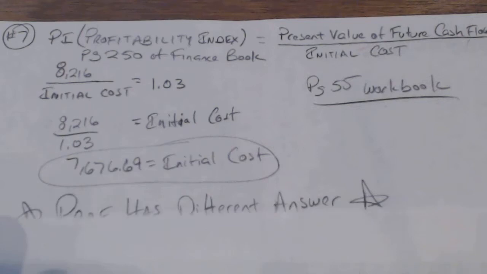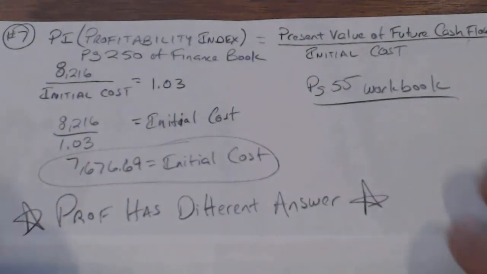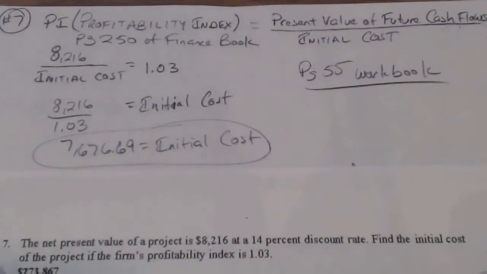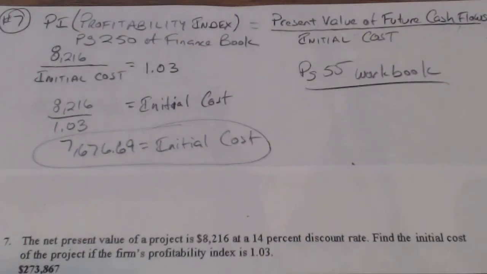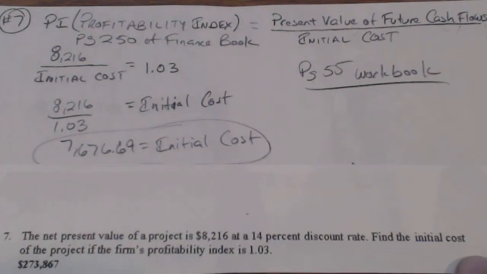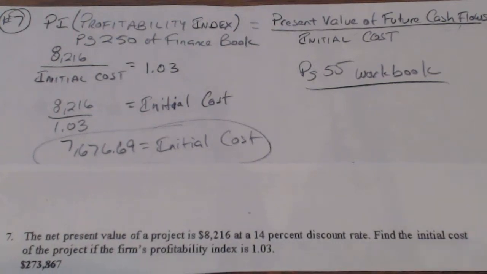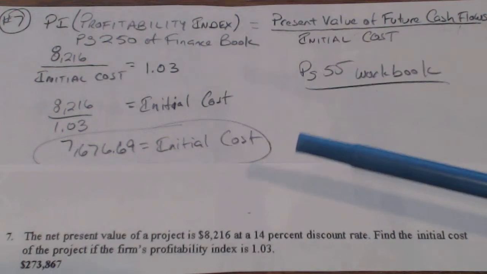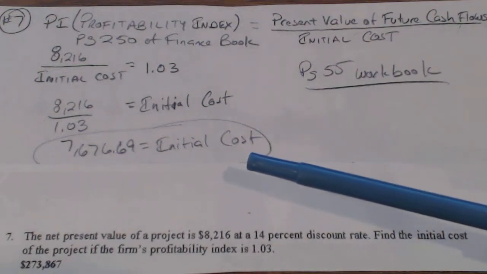The second place, you take his formula, the formula out of the book, and your answer should be $7,676.69. Your professor has $273,867. I have no idea where he got that number from. Matter of fact, this problem actually shows up on the internet on a couple different tutor pages, and they all have the same answer.